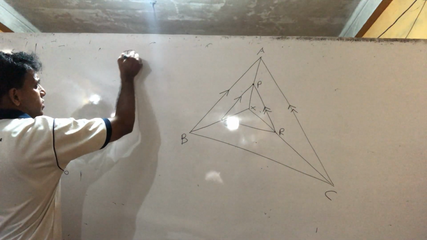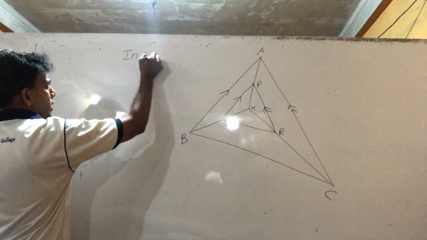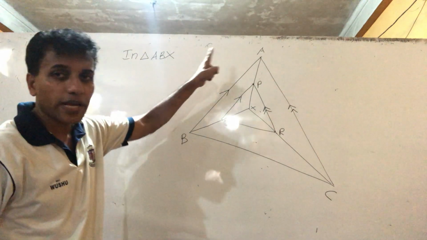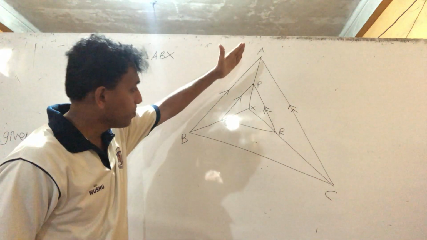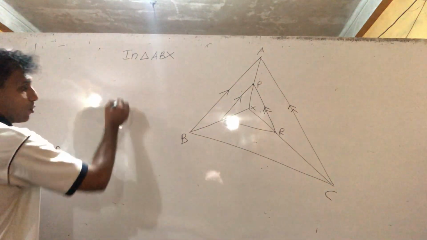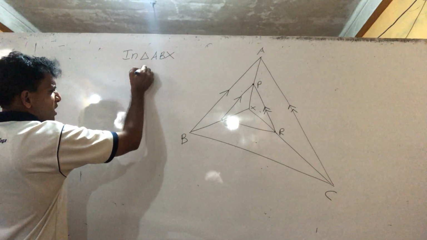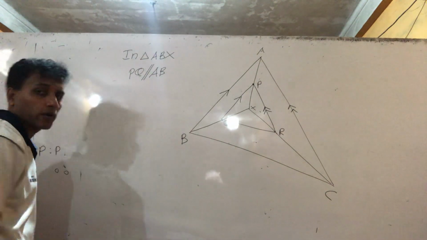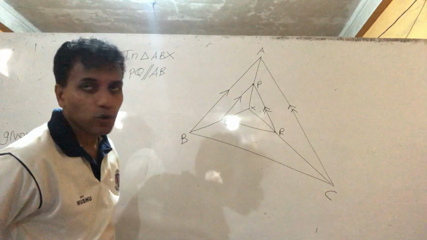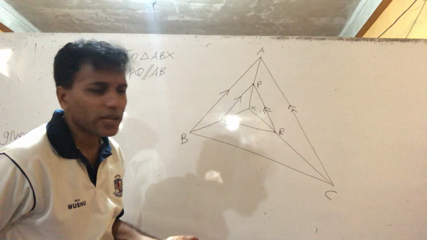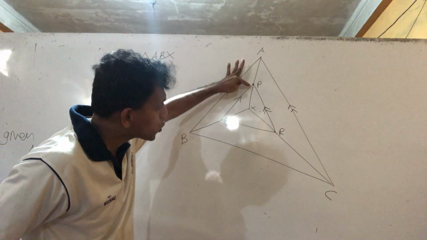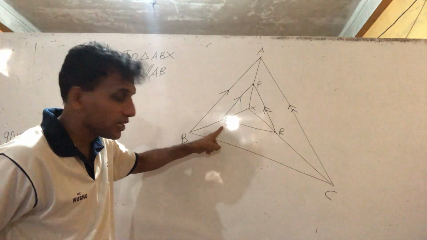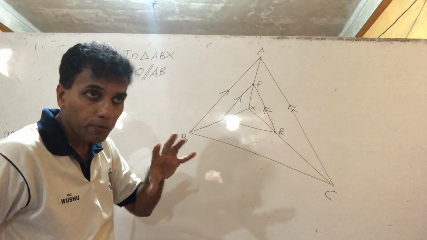In triangle ABX, PQ is parallel to AB. So what does the ratio theorem give? XP is to PA equal to XQ is to QB.